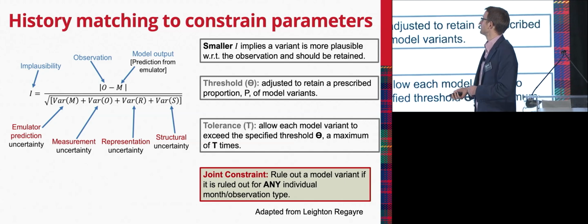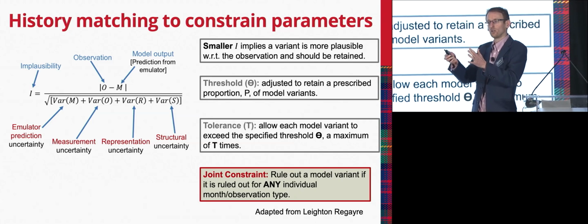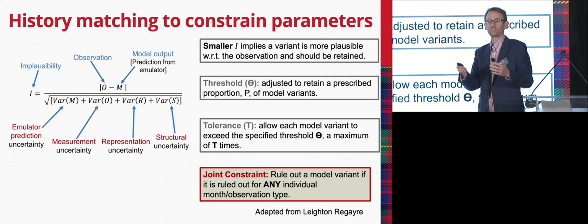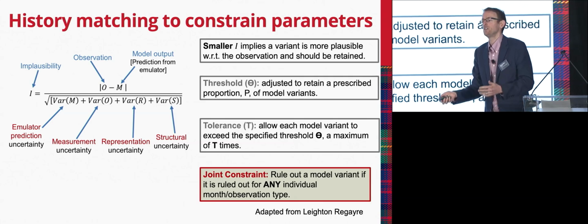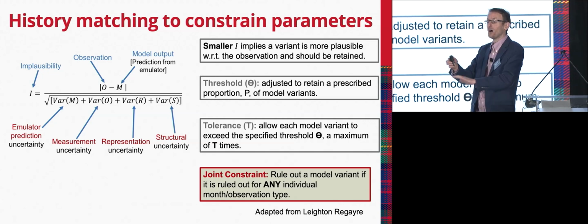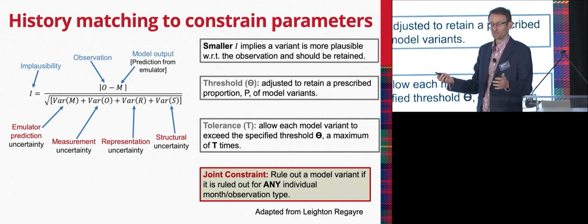Then the next step is to figure out whether or not to accept or reject a model variant, a combination of input parameters that has a certain implausibility. And this is something where there's some subjectivity. We can't rule out our entire parameter space because that would leave us with a useless result.